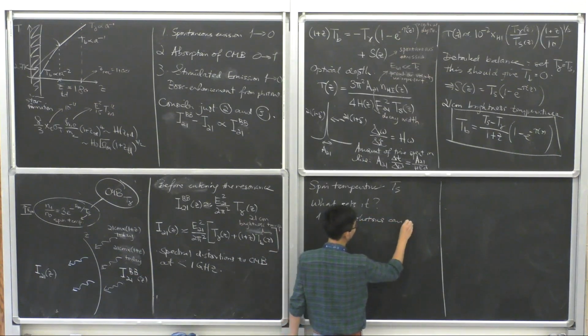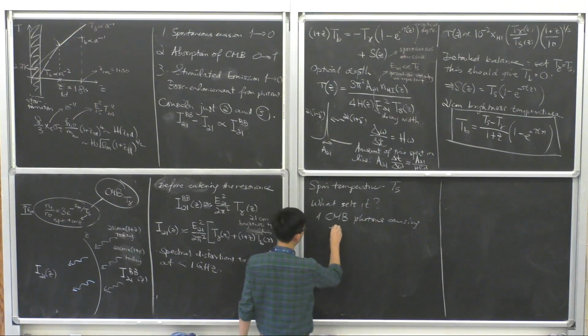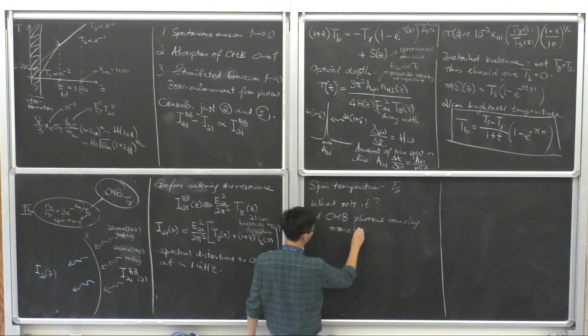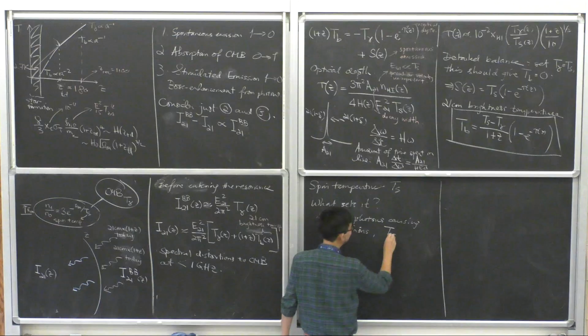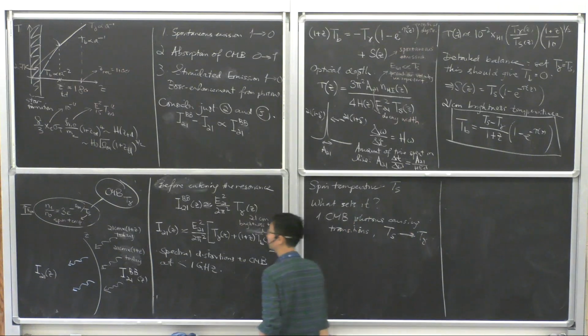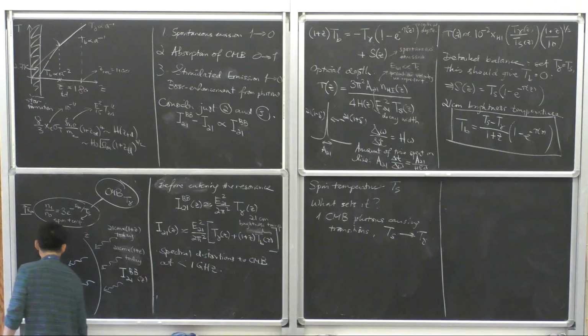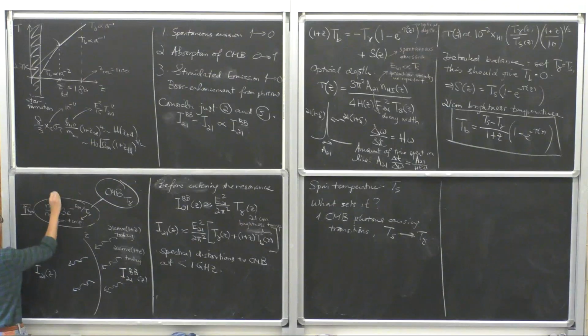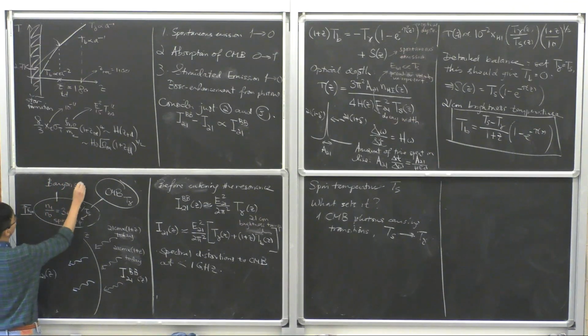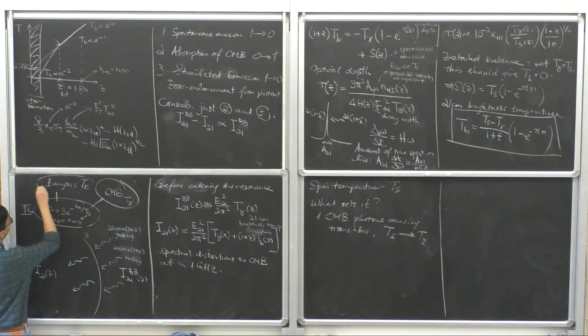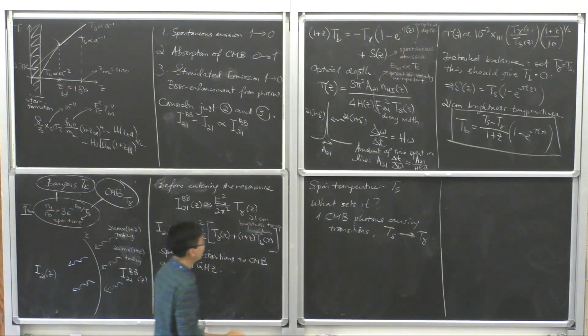Number one is CMB photons causing transitions, which drives TS towards T gamma. Then it is also coupled directly to baryons with temperature Tk. My apologies for changing notation, but now the baryons are at temperature Tk.